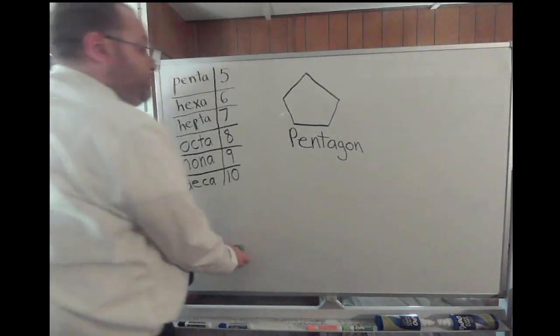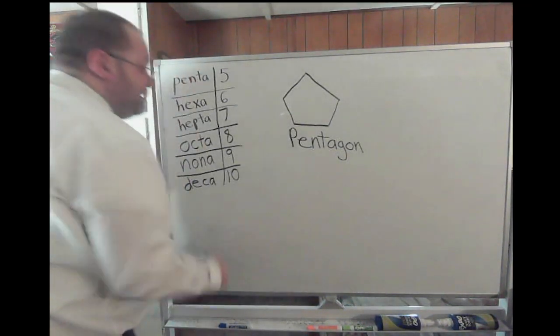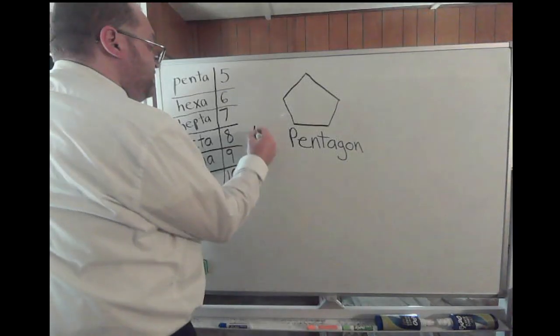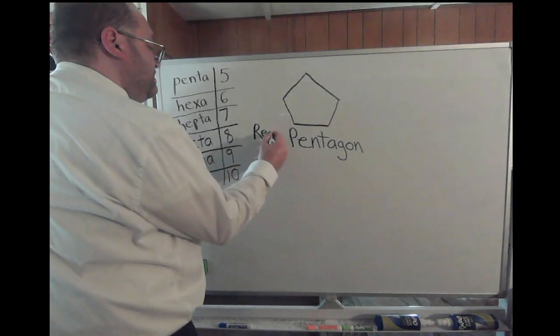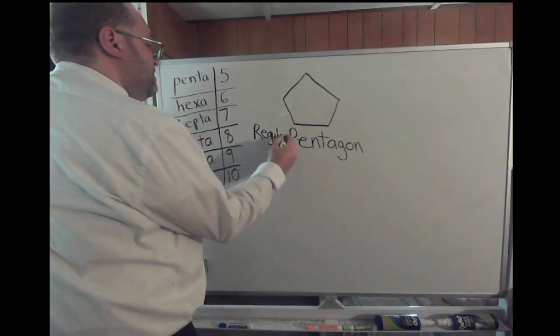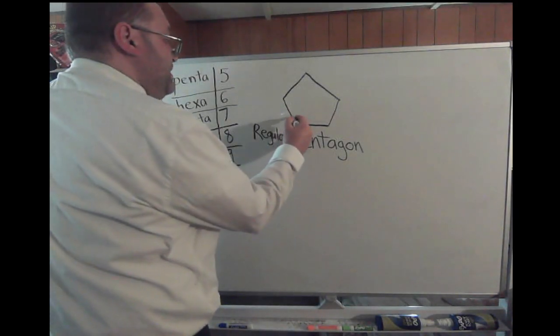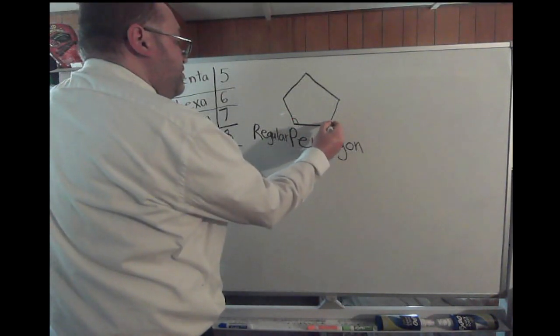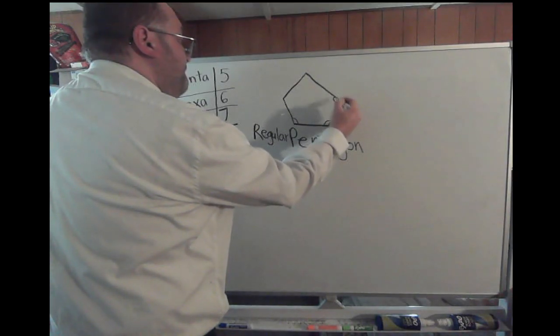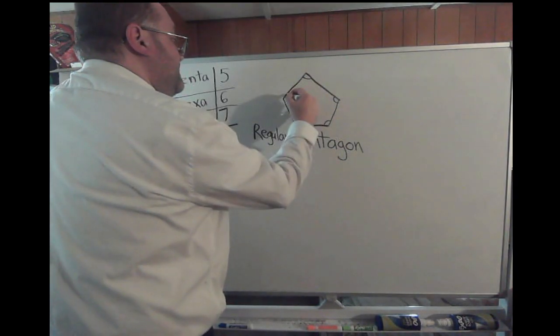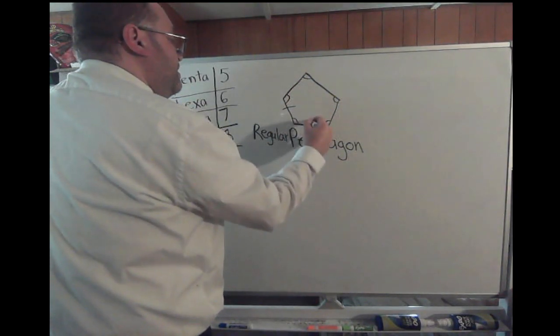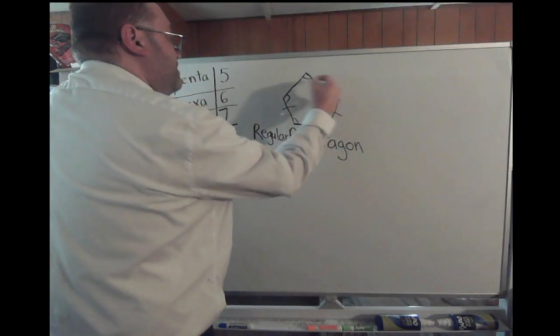And to be more specific, this is a regular pentagon. What does it mean to be a regular pentagon? It means all the angles are congruent to each other. So it's equiangular and all the sides are congruent to each other.